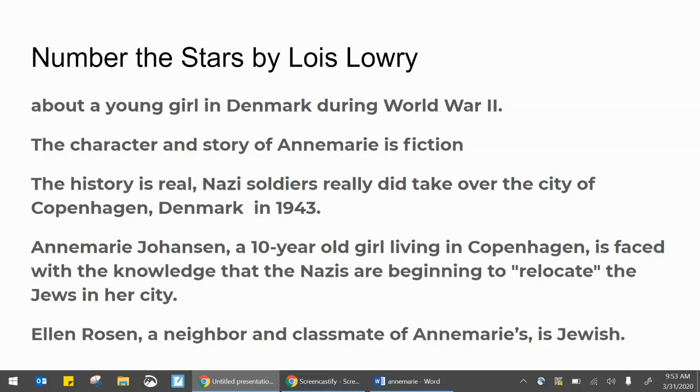It's a very scary time. Ellen Rosen is a fictional character as well, but she is taking on the role of Anne Marie's neighbor, best friend, classmate, and it becomes more impressive and scary because Anne Marie's best friend, Ellen, is Jewish. So she starts to fear what is going to happen to her dear friend.